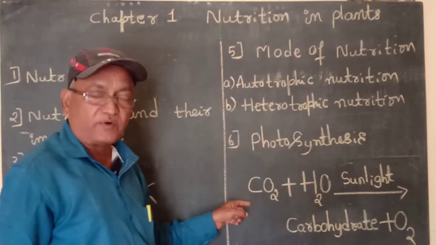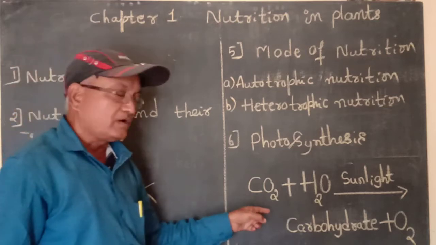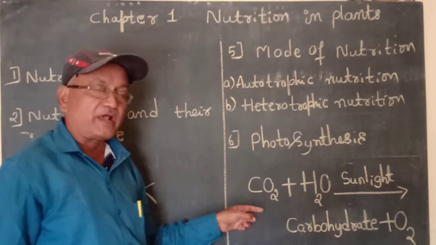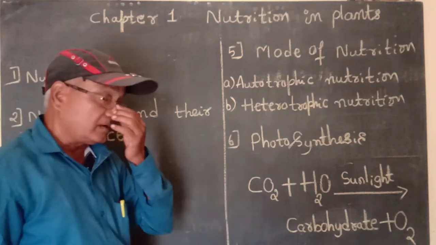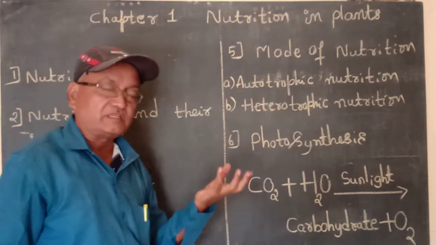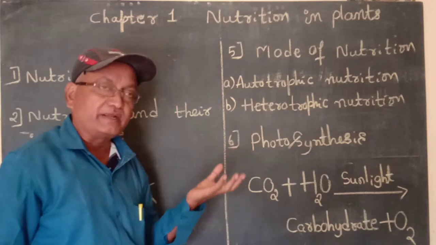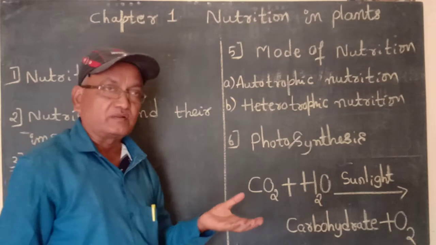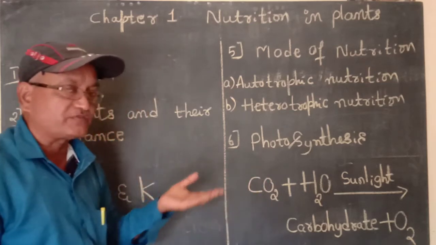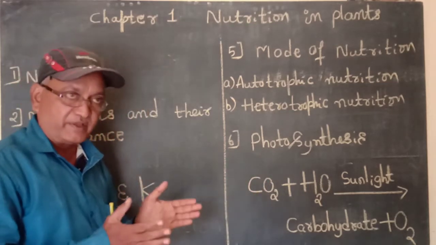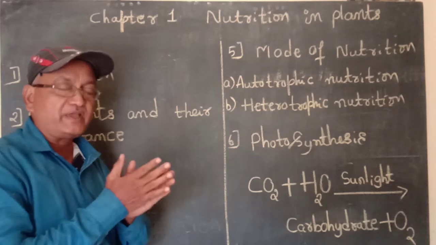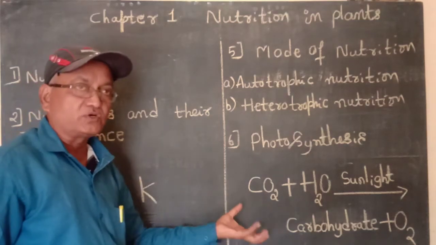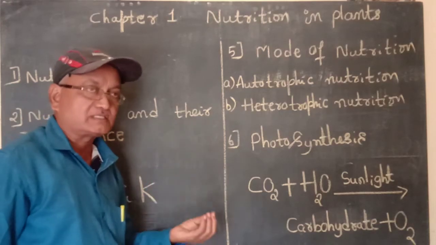Plenty of carbon dioxide is also released by many industries and vehicles into the atmosphere. As its percentage increases in the atmosphere, it affects the globe. We call it the greenhouse effect. As carbon dioxide increases in the atmosphere, the temperature of the globe will gradually increase. In order to avoid it, we have to grow more and more plants.